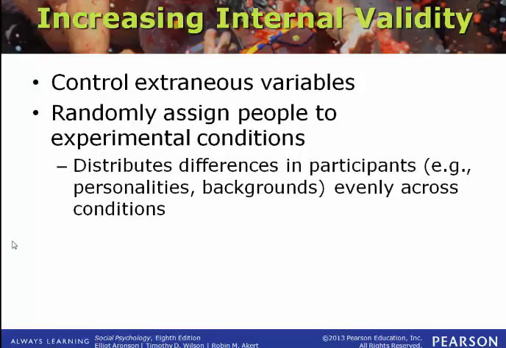But there are some ways that we can increase internal validity, in other words, increase our confidence that our independent variable is the only thing that is playing a role in our dependent variable. One thing is to control extraneous variables. Now, these extraneous variables are variables that impact your dependent variable that are not your independent variable. In other words, let's say maybe the group that got Frozen got it in the morning and the group that watched the Violet movie got it in the afternoon.